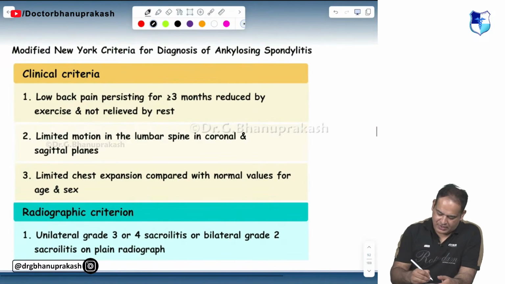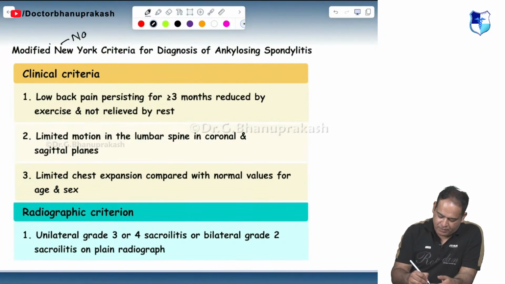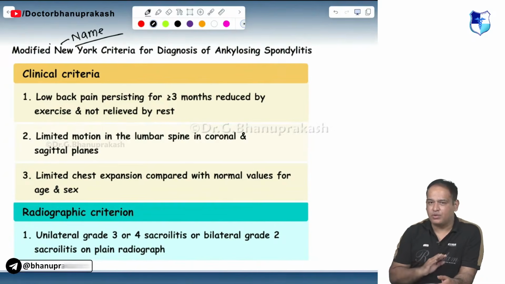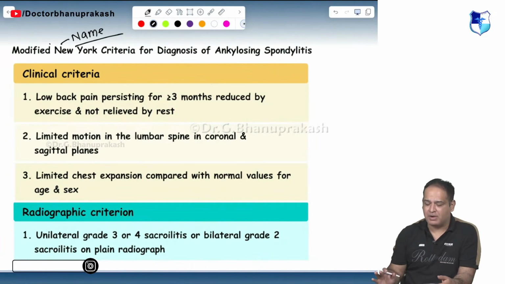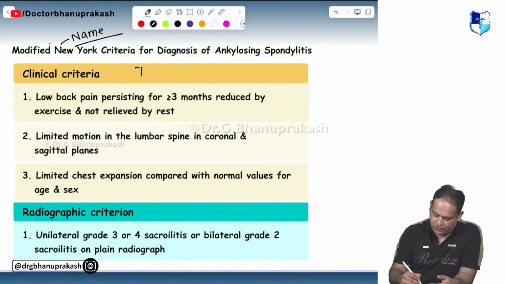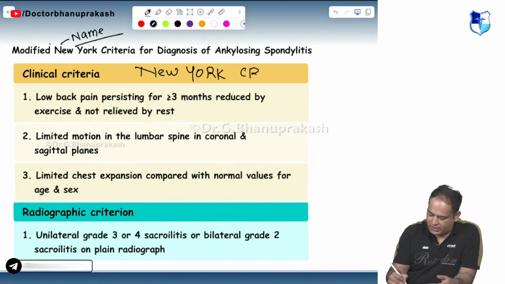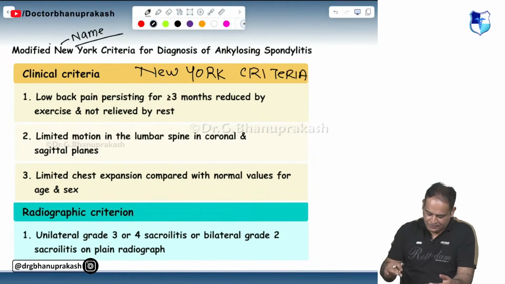Now, New York criteria, you just need to remember the name और कुछ नहीं याद करना है इसमें. New York criteria is used for diagnosis. Just the name, nothing else.